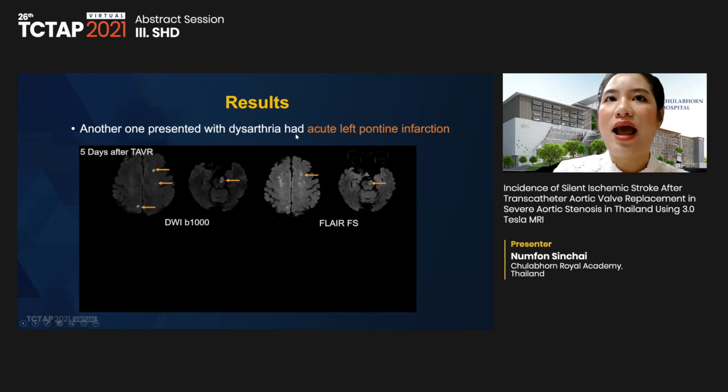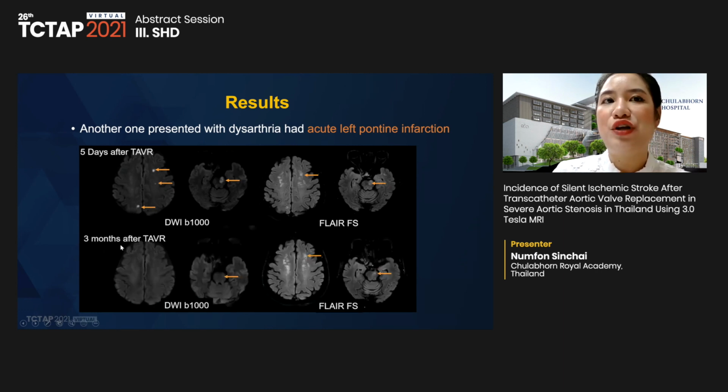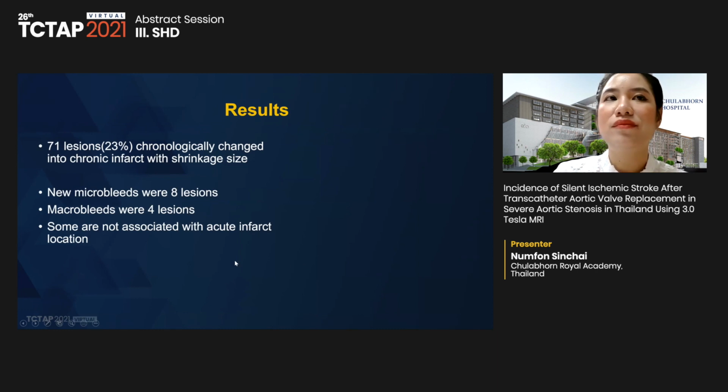Another patient, 5 days after TAVI, had acute left pontine infarction of embolic nature, and after 3 months the infarction had resolved and developed into chronic infarction.